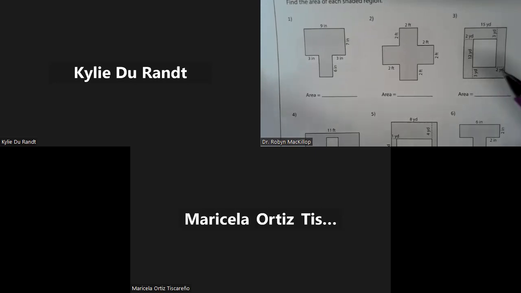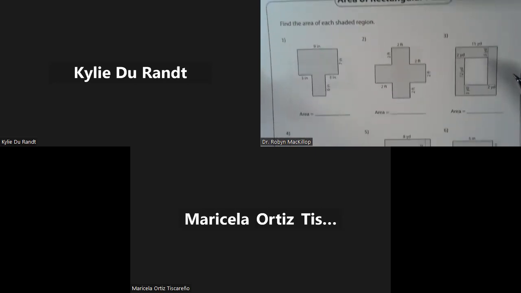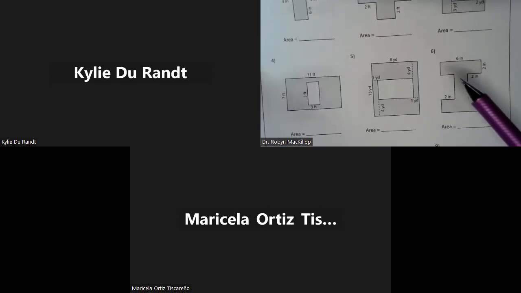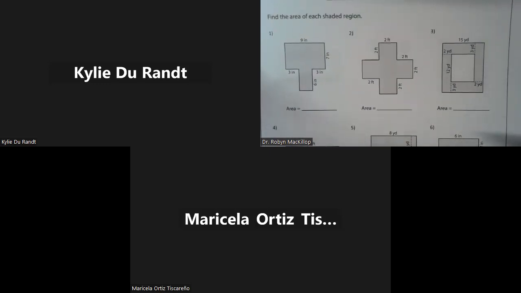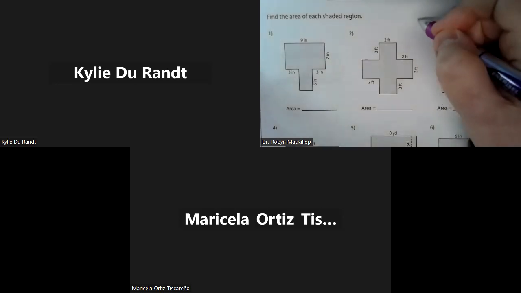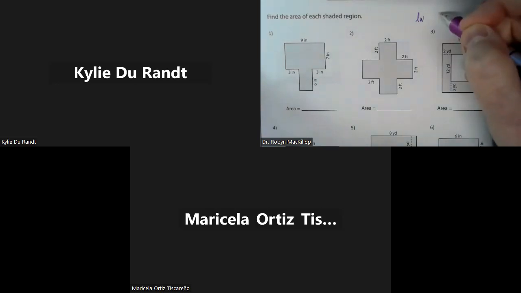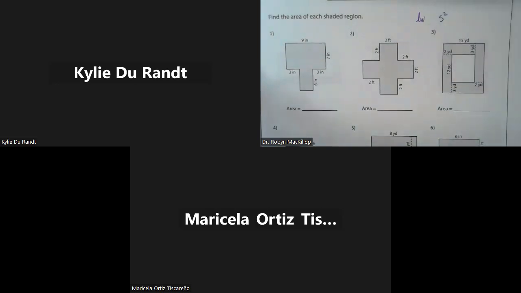So let's try this one. This is still area. The nice thing about this page is we're dealing with rectangles and squares. So it's a little more straightforward because the area of a rectangle is length times width, and a square is side squared or side times side.